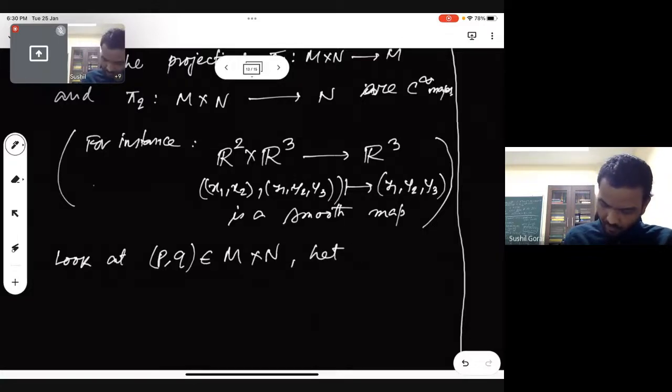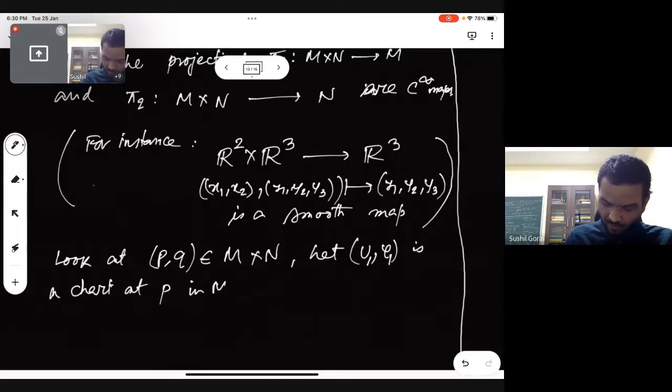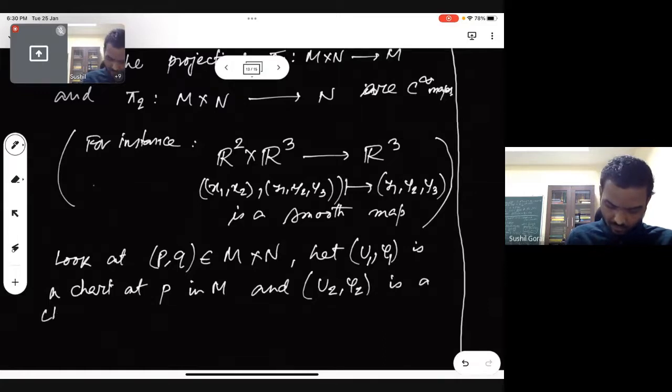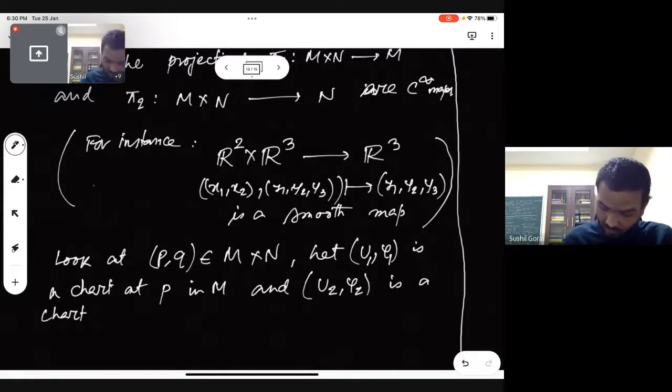Let (U1, phi1) be a chart at p in M, and (U2, phi2) be a chart at q in N. The charts lie in the maximal atlas of M and the maximal atlas of N respectively.